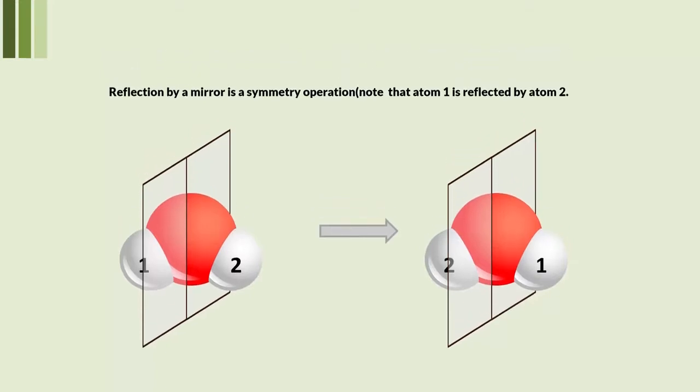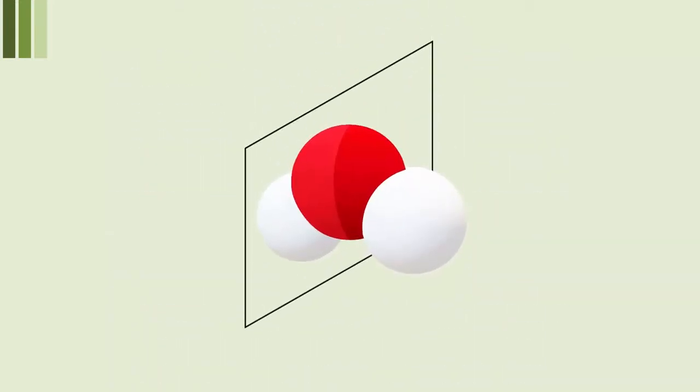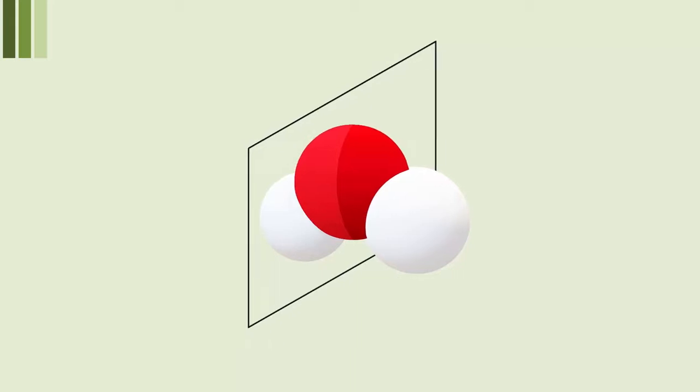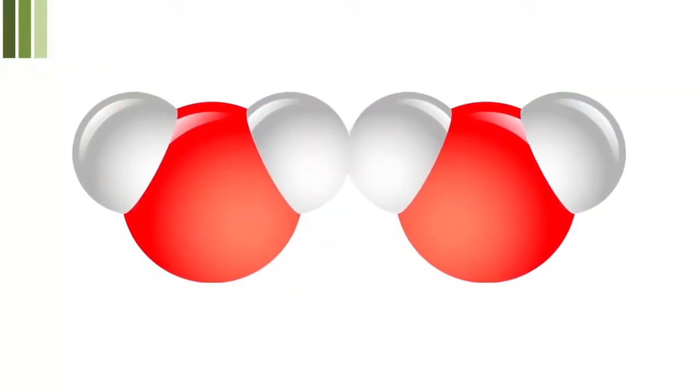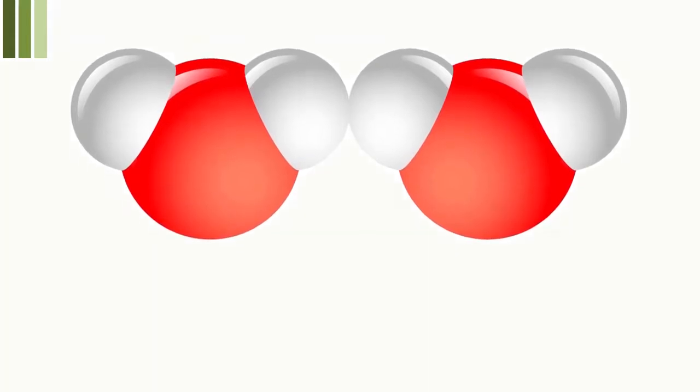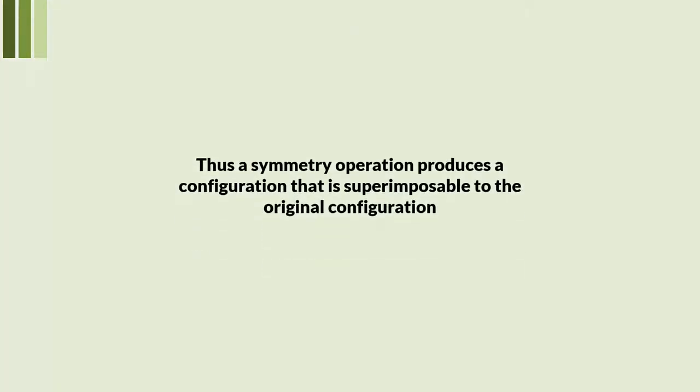So I would say that this operation, that is reflection or mirror operation, is a symmetry operation because the two configurations are superimposable. Though the two hydrogens may be different, they are indistinguishable so far. We can generally define a symmetry operation as one that produces a configuration that is superimposable to the original one, and that is okay for now.